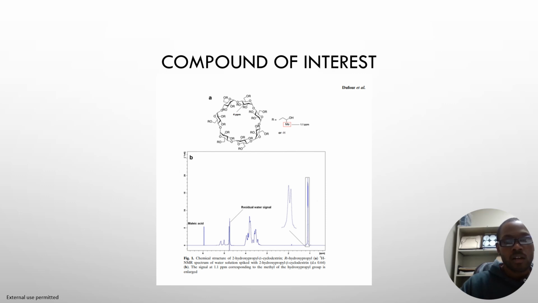So with this cyclodextrin compound here at 1.1 parts per million, we are looking at the methyl group, and when a proton NMR is done, this is the spectrum here. This was spiked with 2-hydroxypropyl beta cyclodextrin, and we can see the doublet peak of that methyl group coming off here.